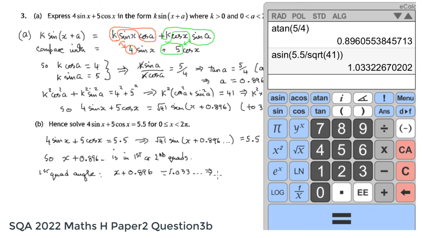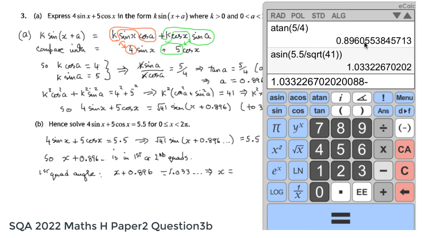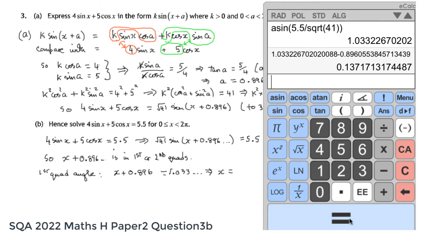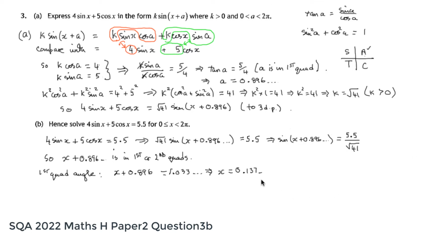So that means that x in this case is equal to 1.033 and so on, minus 0.896 and so on, taking away that from both sides. And that gives us 0.137 and so on. So there's one value for x.